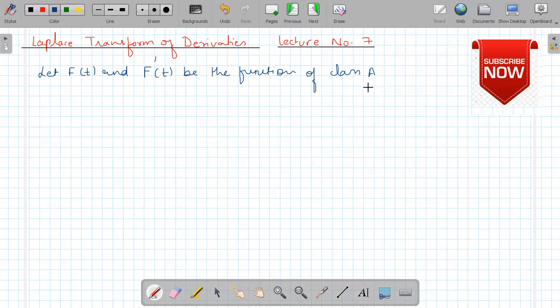So if these two functions are of class A, then Laplace transform of derivative of the function f(t), that is f'(t), is defined as p into Laplace of f(t) minus the value of the function at 0, where p should be greater than sigma, where sigma is the order of exponential of the function f(t).